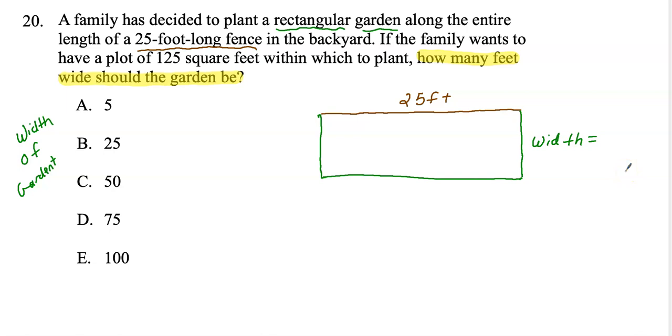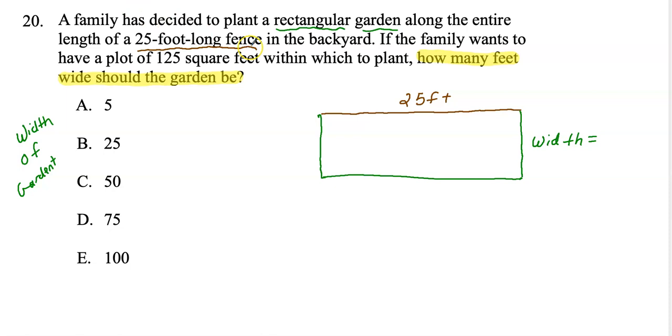Now, you got to think about what it is that you're looking for. Are you trying to figure out the perimeter of the garden or the area of the garden? The perimeter is the distance around the rectangle. The area is the stuff inside. Well, you have a clue word right here.